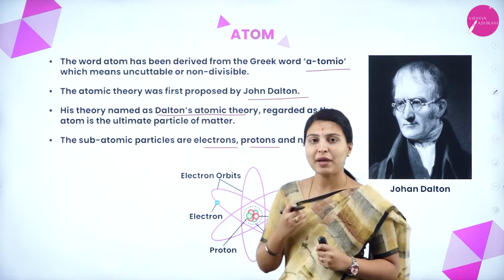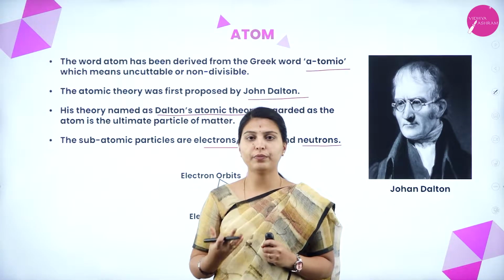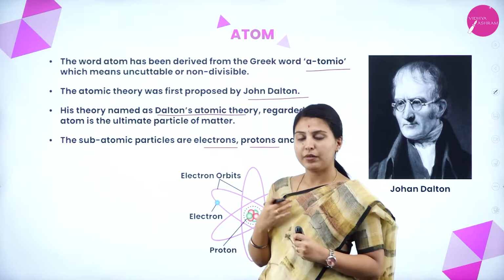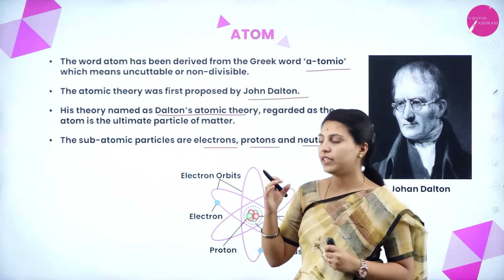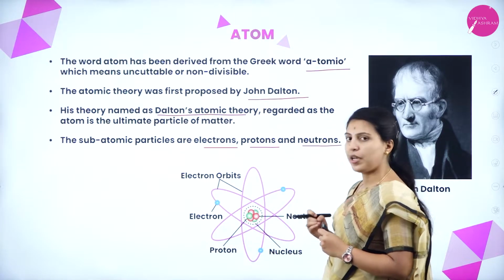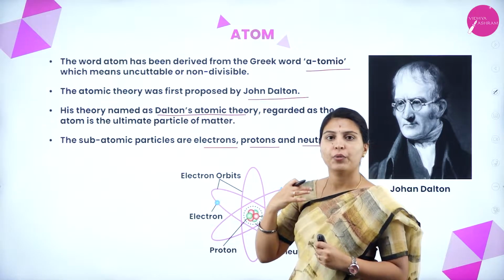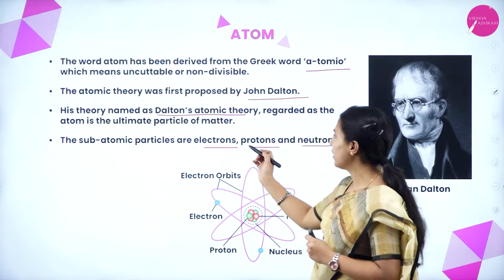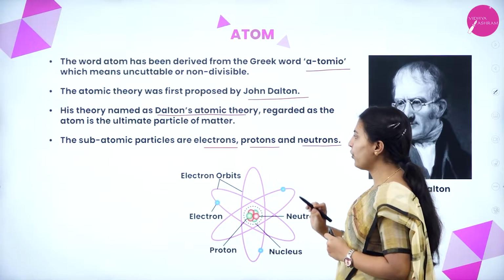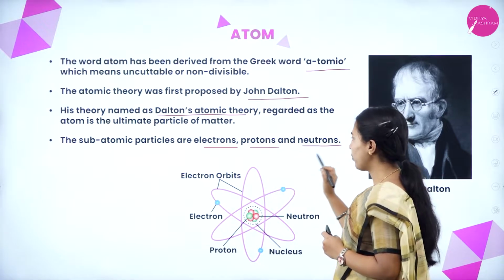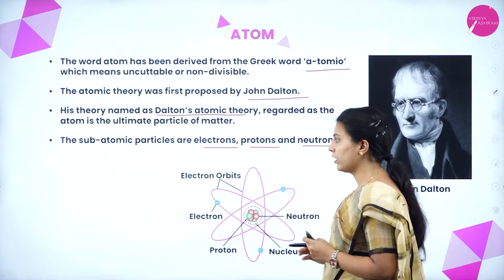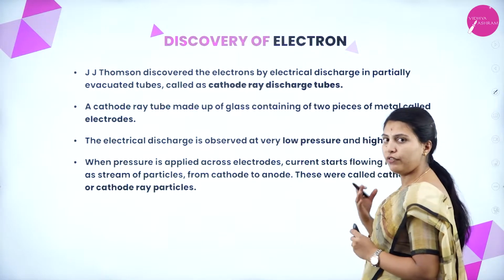But Michael Faraday discovered the subatomic particles by producing electric current in the atom, and it showed the discovery of electrons, protons and neutrons. First we will see the discovery of electrons.